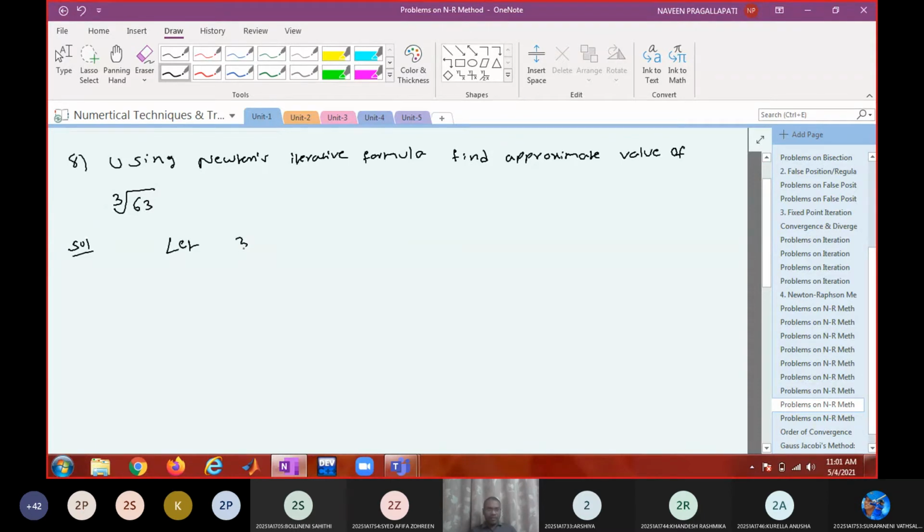So let the cube root of 63, which is 63 power 1 by 3, be equal to x. So what do I have to do? Take cube on both sides: x cube equal to 63. This implies x cube minus 63 equal to 0, which is in the form f of x equal to 0.